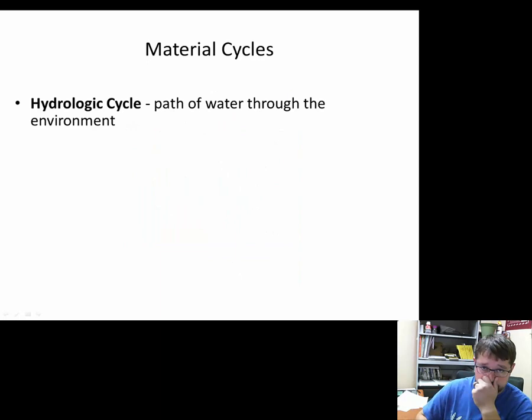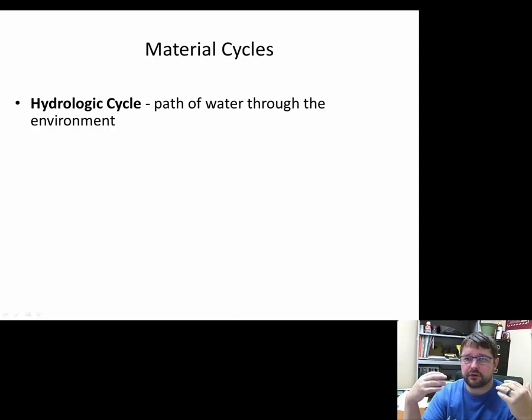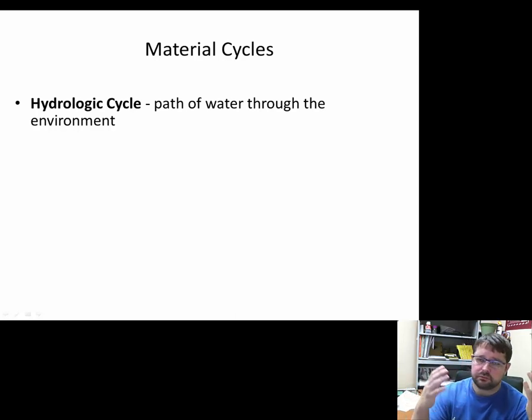So first let's talk about the hydrological cycle. The hydrological cycle is just the path of water through a certain environment. Now we can look at the really big picture, and that's what I'm going to show you today: the role that the ocean plays, freshwater lakes play, the groundwater table plays, snow, rain, transpiration coming off the plants.